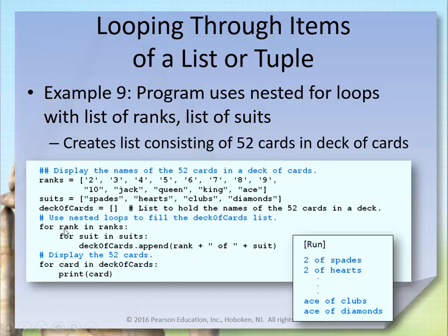So you can see rank and suit are obviously part of this. And so that's how the deck of cards will get built. And you can see over to the right here where they ran it. So the first value coming into this would be 2 of spades. This text gets assigned to deck of cards element 0.